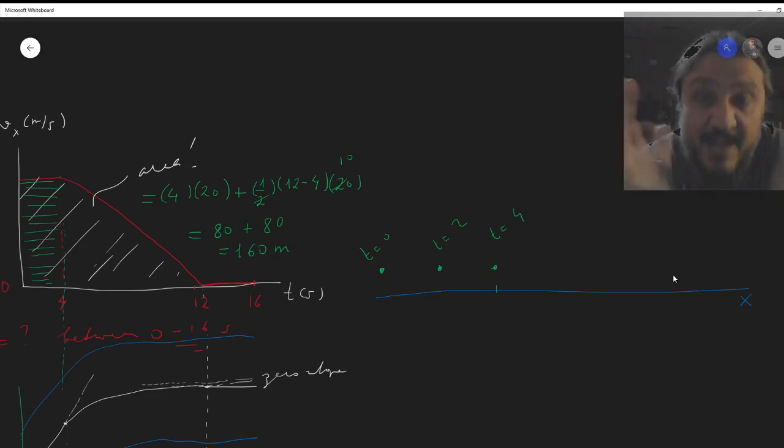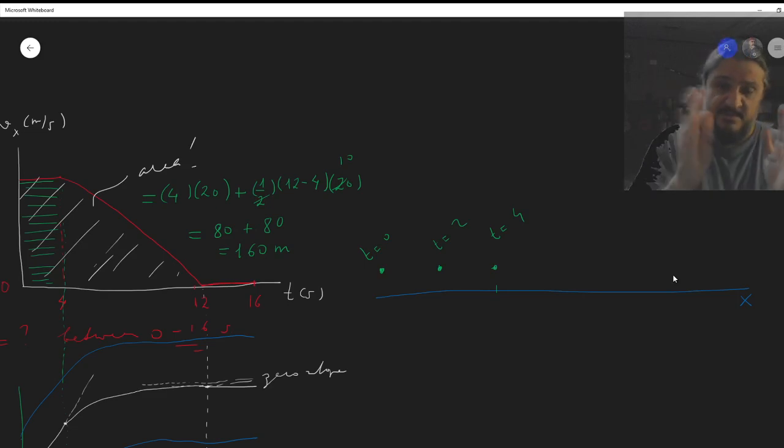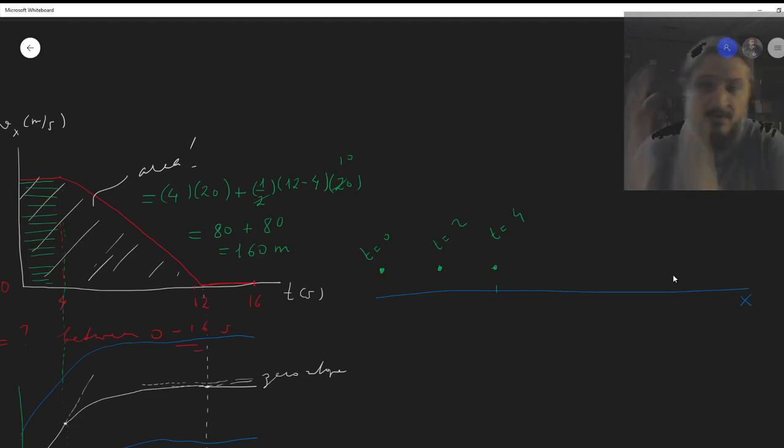But then between 4 and 12 it's going to slow down gradually. So I need to make those spacings smaller and smaller. I'm going to try to do it now. The next one will be here, the next one here, the next one here, and here.